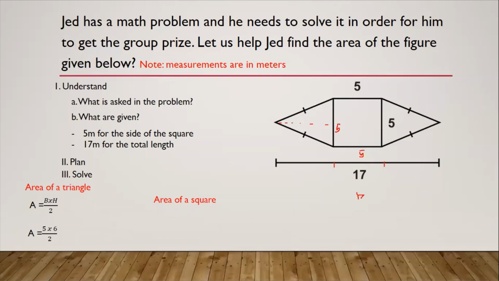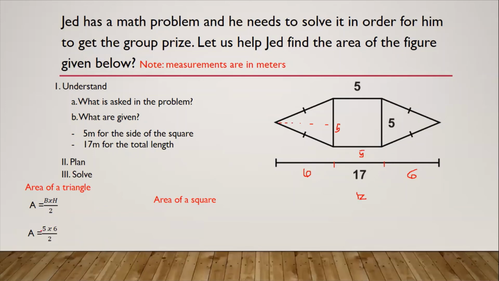And if we divide 12 by 2, we have 6. So it means this side is 6 meters, and this side is also 6 meters. 6 plus 5 is 11, 11 plus 6 gives us a total length of 17 meters. So we already found out that the height of our triangle is 6 meters.